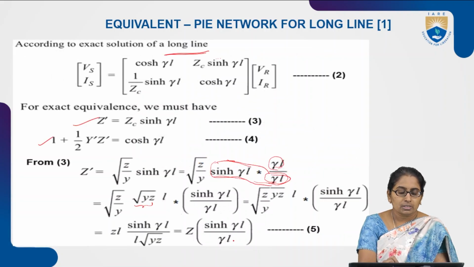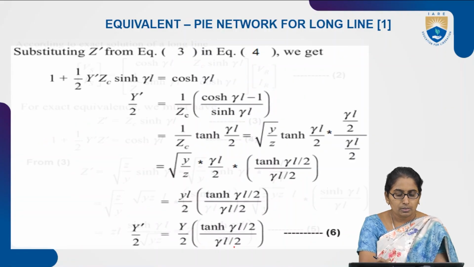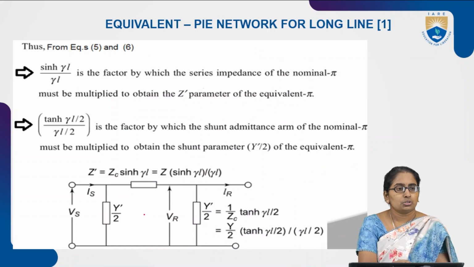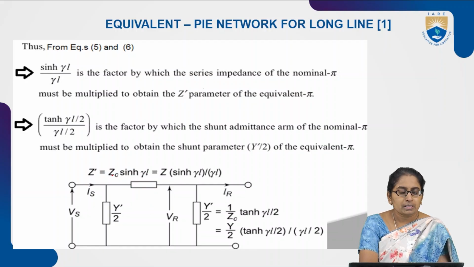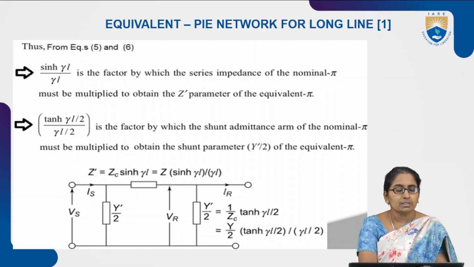Capital Z into sinh gamma L by gamma L. That is finally shown for the long transmission line equivalent pi network: total impedance is Z into sinh gamma L by gamma L, represented with Z dash, and y dash by 2 admittance is Y by 2 into tanh gamma L by 2 by gamma L by 2.